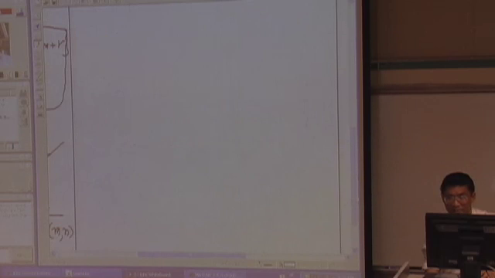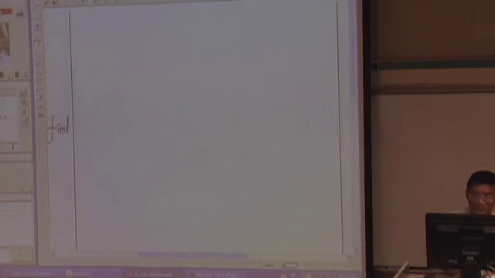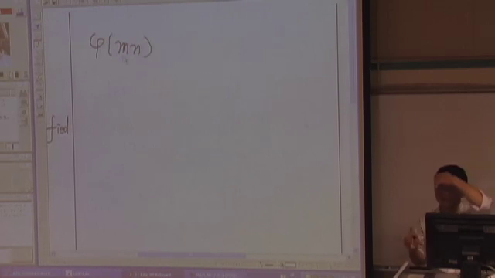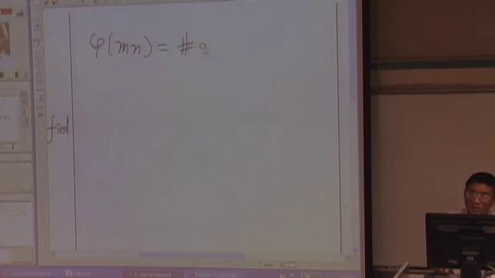So now I will write the summary of the proof. Phi of mn, when m and n are relatively prime, is equal to the number of qualified columns, right? The number of qualified columns with respect to m, right?